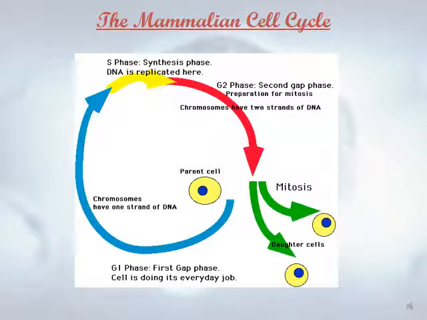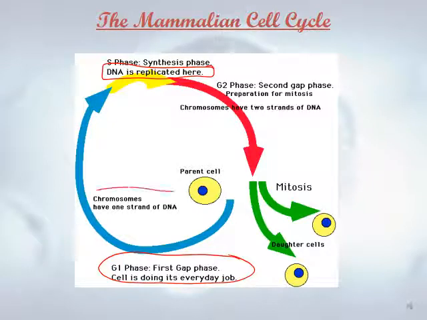We have gap 1, the first gap, where the cell is doing its everyday job. Second, we have the duplication of the DNA. So DNA is replicated or duplicated. Then the second gap prepares the cell for mitosis. As you see here, the chromosomes from G1 to G2 are of one strand of DNA, while after duplication of DNA during the S phase, the chromosomes have two strands of DNA.